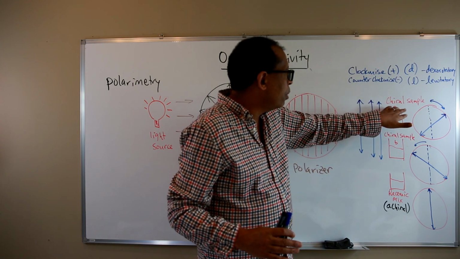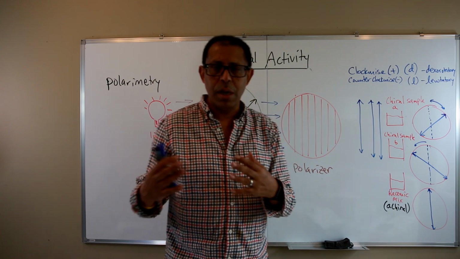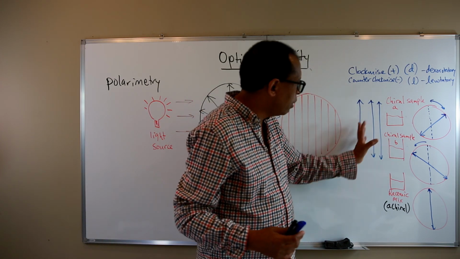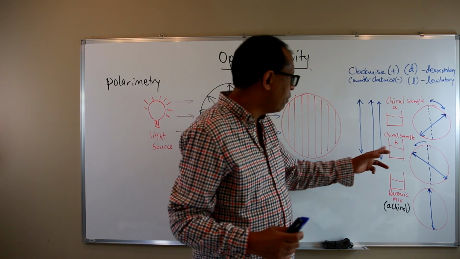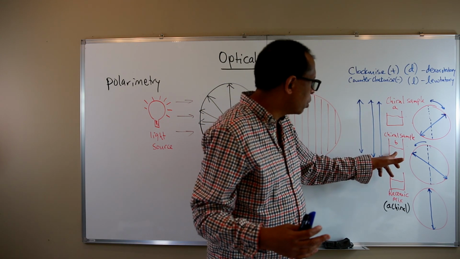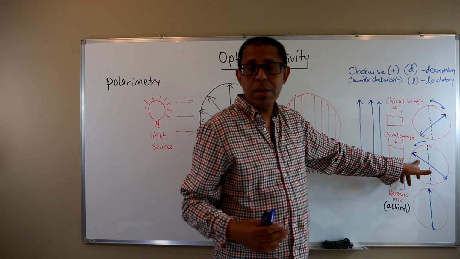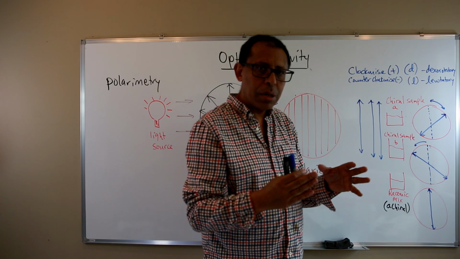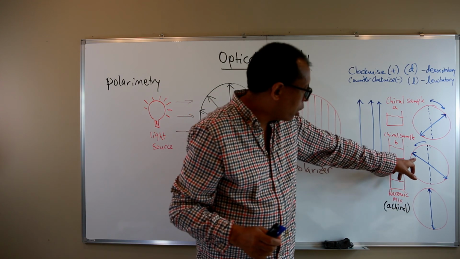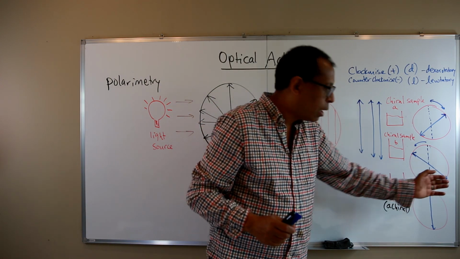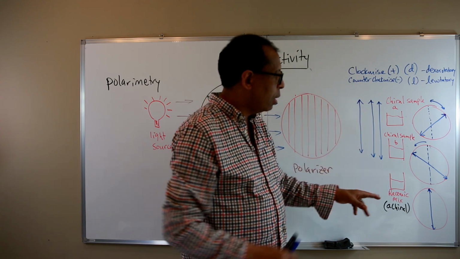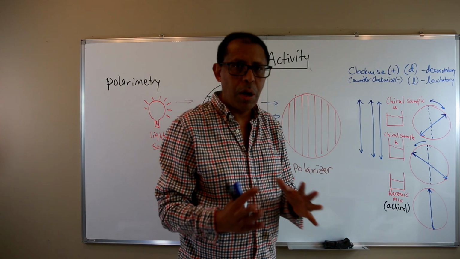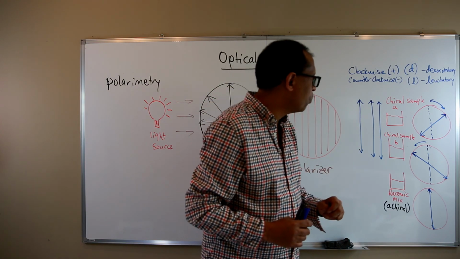If another sample is opposite in terms of R or S configuration, the light going through that sample would deflect at a different angle, equal in magnitude but opposite in direction. As you see, the plane polarized light is deflected at a different angle than the other. So that means opposite but the same magnitude.